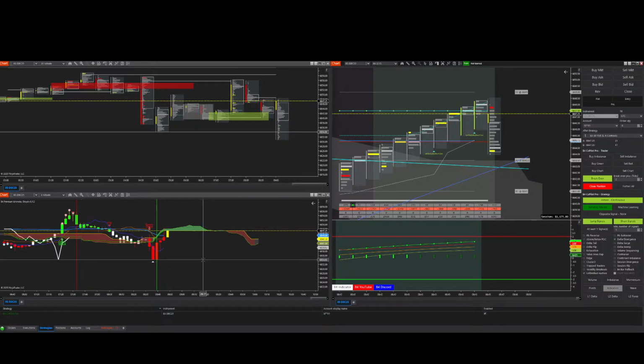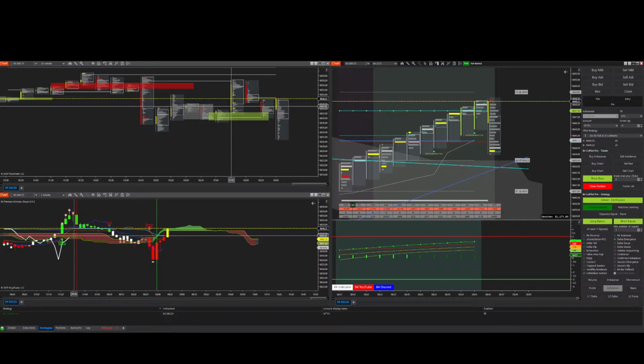I look at the Chikou a lot, how it is in relation to price, in relation to other elements of the cloud, Kijun-sen, Tenkan-sen, and everything else.